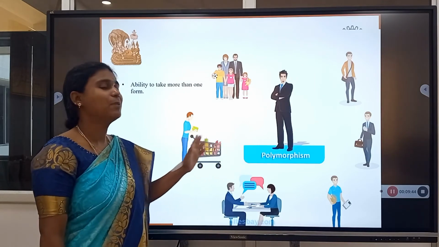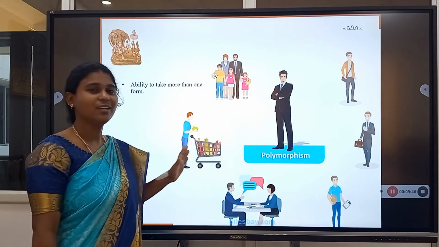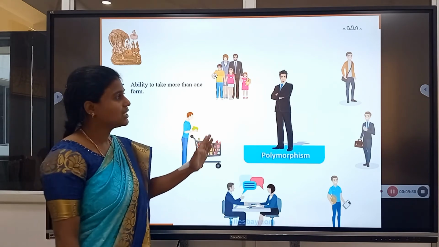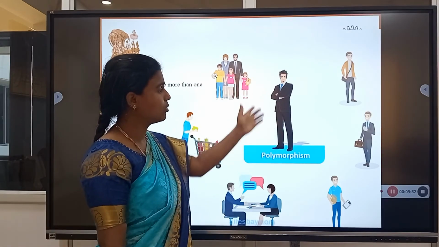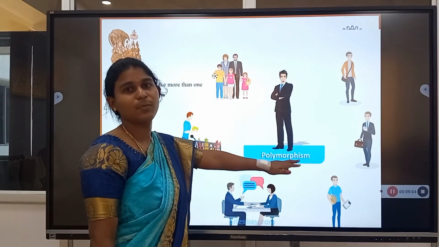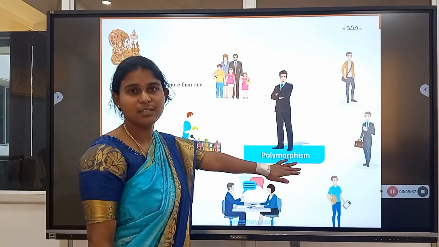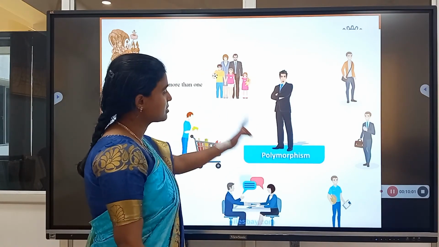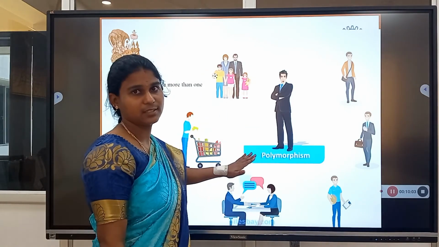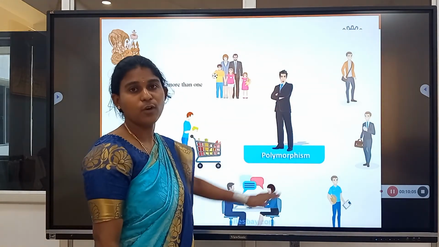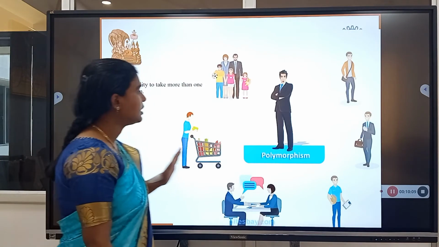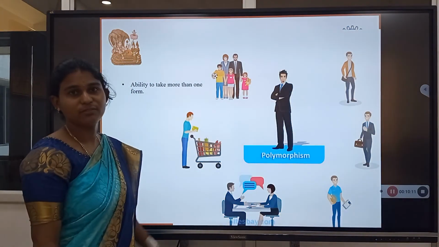If he is going shopping, he is a shopper of the family. If he goes to a shop, he may act as a salesperson. So the man is doing some task in a different form each time. This is the example of polymorphism.